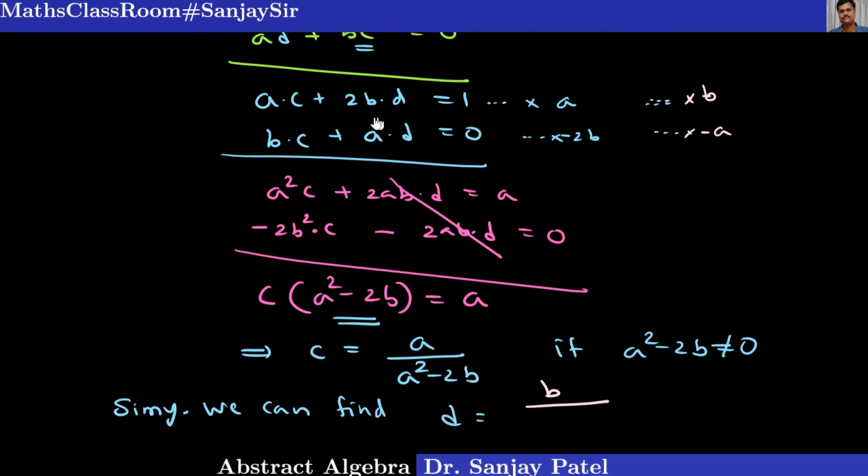If you multiply both the sides by b, this is ab c, and this is 2 times b square. Yes, this is 2b square. And this we are multiplying by a, so minus a square. 2b square minus a square. But then what mistake have I made here?